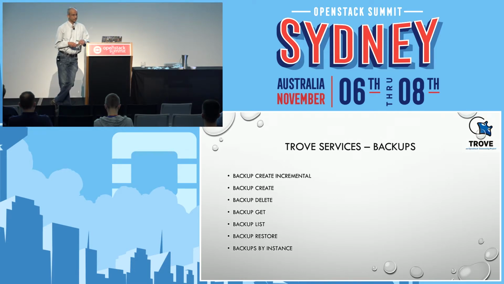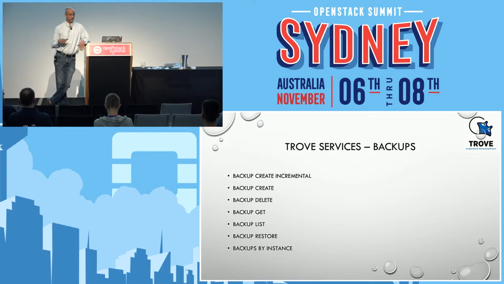With backups, you have this notion of getting a full backup, and that's typically what the native backup is for that database. And this is one of the places where the guest agent that lives in the instance gets involved as well to perform that backup.